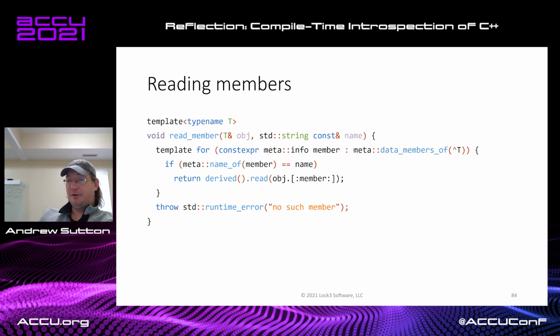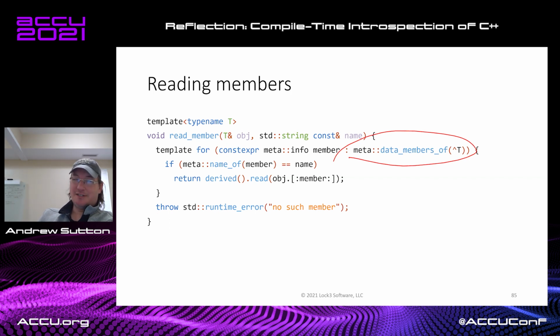It's also not particularly complicated. And if you guys remember what, sorry, guys, it's an Ohioism, I think. If you remember what the toString function looked like for enums, this is almost exactly the same thing, except instead of searching for a value, we're searching for a member with a particular name. So the structure is almost the same. Here we're iterating over a reflection of the data members of the class.